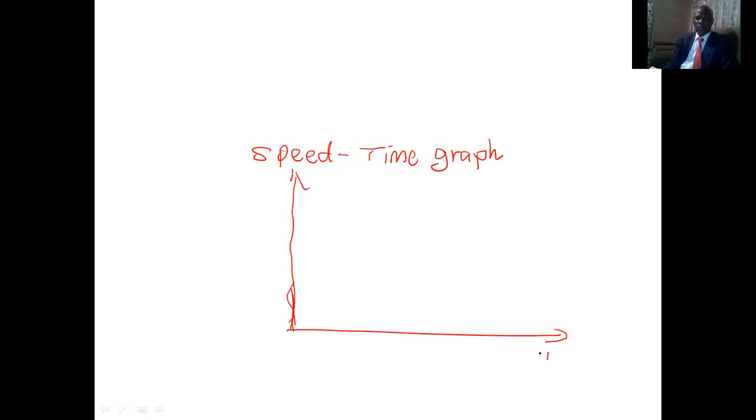So we label it. We have the time in seconds, and then we have the speed in meters per second.